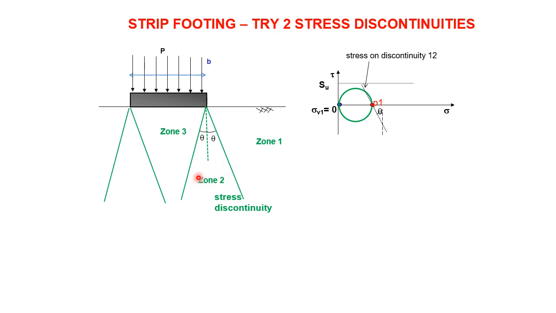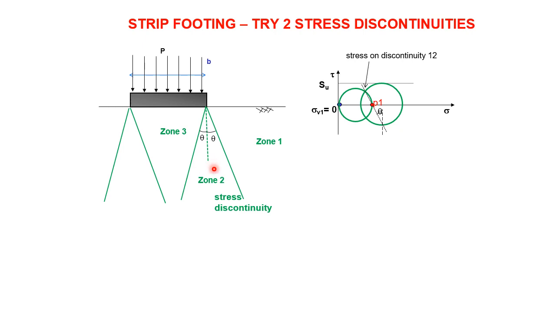So the Mohr circle for zone 2 must go through that same point. That Mohr circle I will make fail. So it's now just about to fail. It's just touching the undrained failure envelope. So there's only one Mohr circle that just touches the failure envelope and goes through that point, which is this one here.